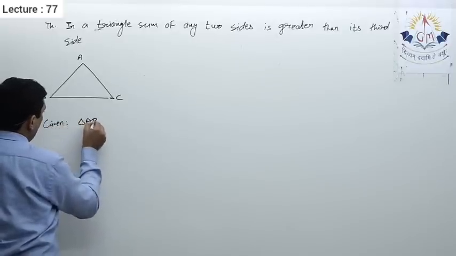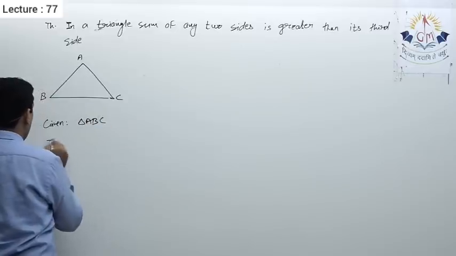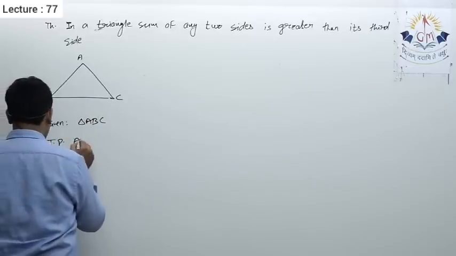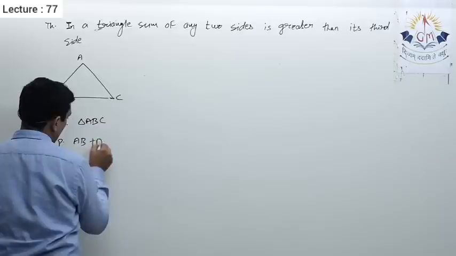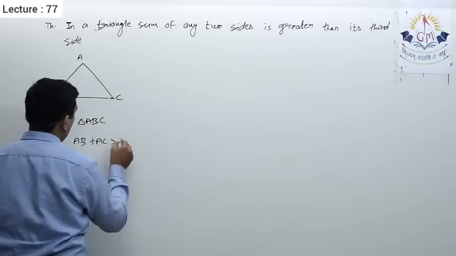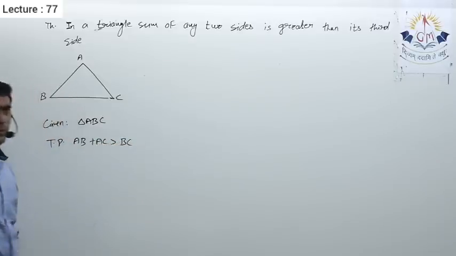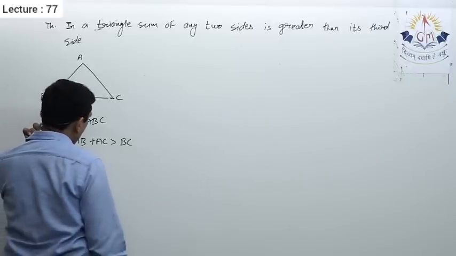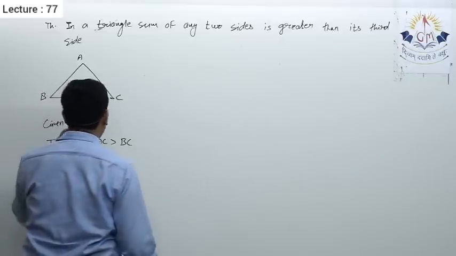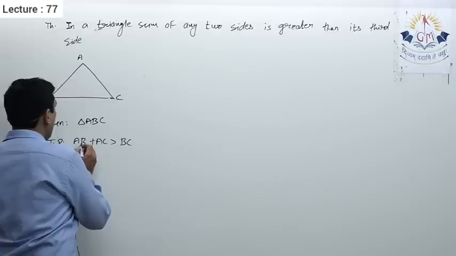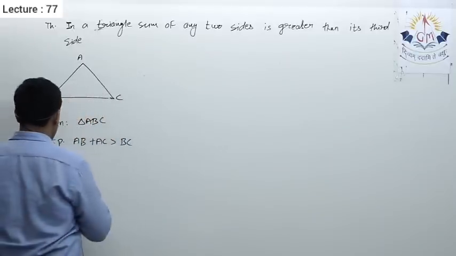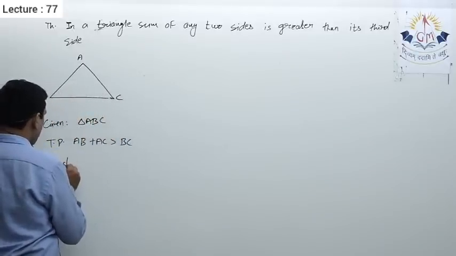To prove: AB plus AC is greater than BC. We can also prove AB plus BC is greater than AC, or BC plus AC is greater than AB. Simply we have to prove for any one pair of two sides that the sum of any two sides is greater than the third side. A small construction is required.